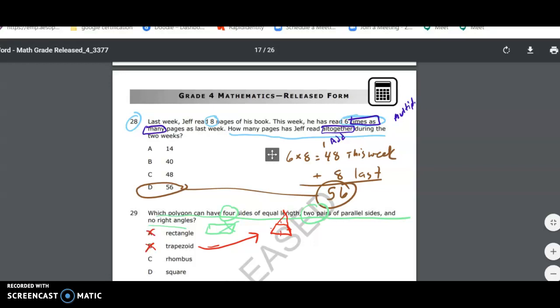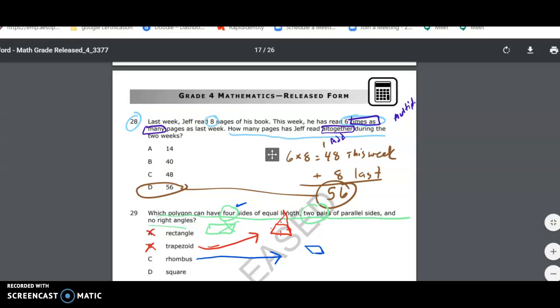Let's go to C, which is going to be your rhombus. For your rhombus, there are different types you can have. What can a rhombus look like? It can look like that. Can it have 4 equal sides of equal length? Yes, it can. Can it have 2 pairs of parallel sides?